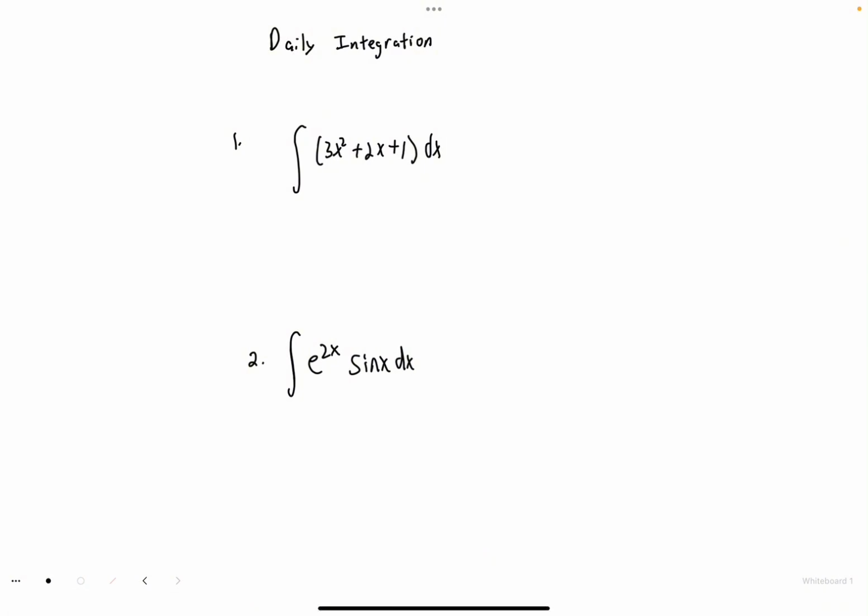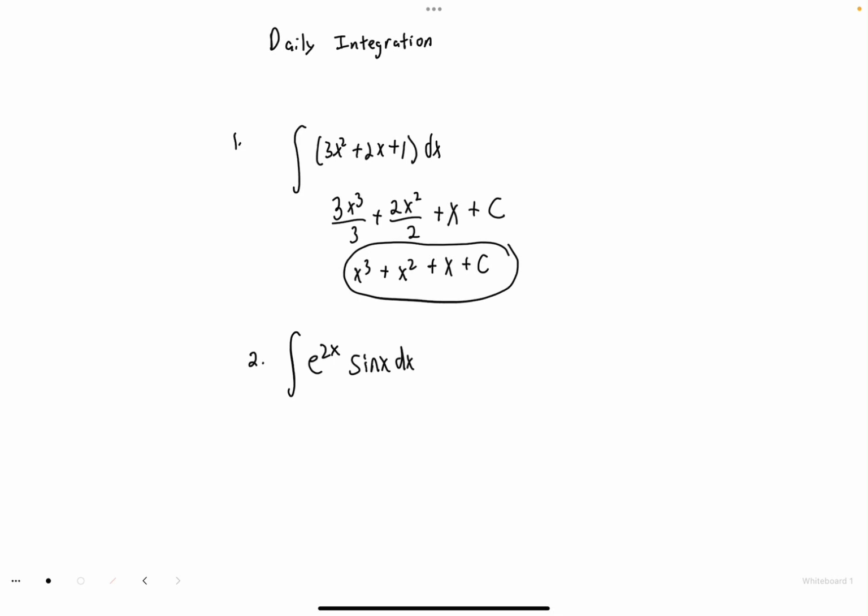So it's going to be 3x to the third over 3 plus 2x to the second over 2 plus x, and then plus c since it's an indefinite integral. So then you get x to the third plus x squared plus x plus c. So that's going to be the first one.